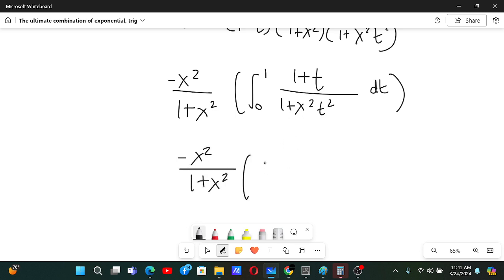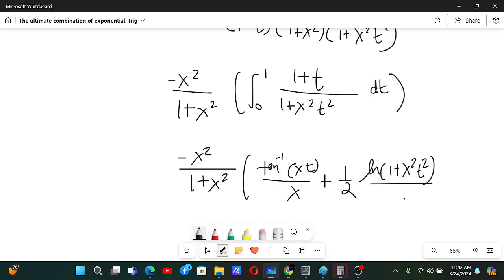The first part will be tan inverse xt by x. The second part will be, we can take 1 by 2, there's 2t, and then ln of 1 plus x square t square by x square. This is from 0 to 1.